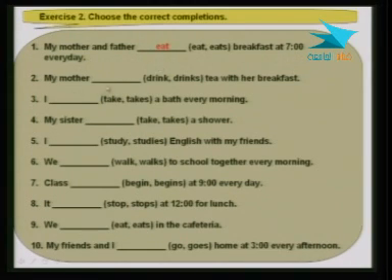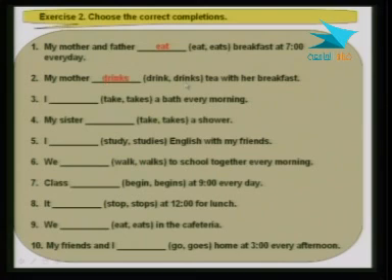All right, number 2. My mother, that's singular now, and we have one verb in two different forms, right? My mother, is it drink or drinks? Do we say my mother drink tea with her breakfast, or my mother drinks?